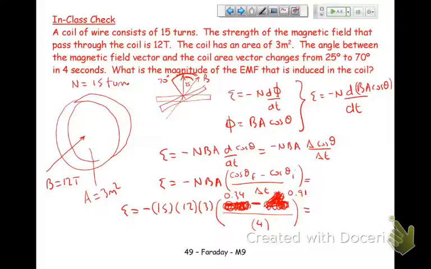So a number, yeah? What specifically is the number? It's going to be about 0.6. 307?